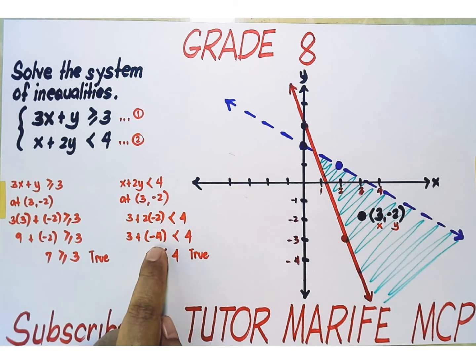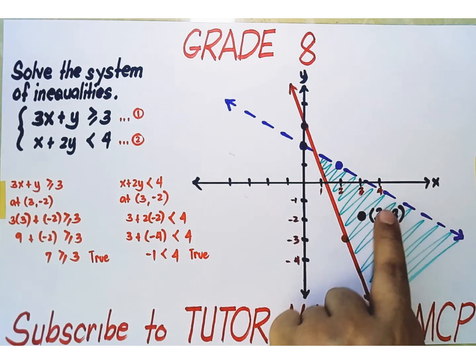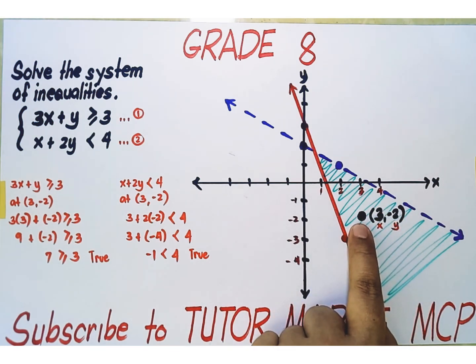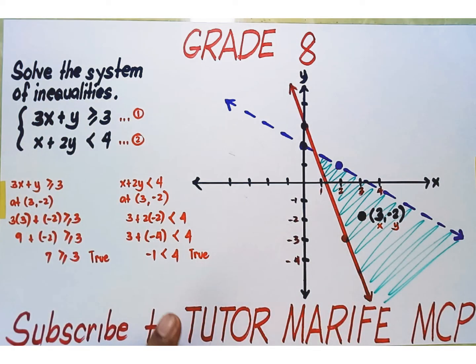Find the sum. 3 plus -4 is equal to -1. We end up with -1 less than 4. Again, this is a true inequality statement. Therefore, the coordinates of this point within the intersection region also satisfy the second inequality in the system.